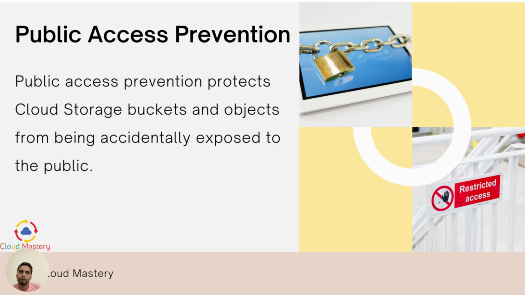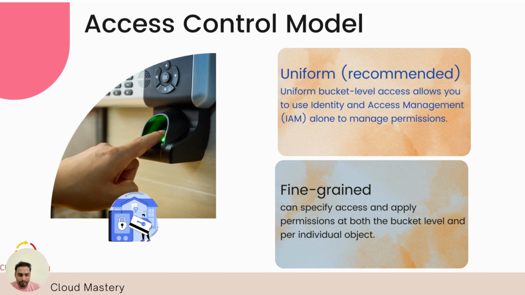Even if by mistake we give some ACLs or IAM policies to expose that bucket to the public internet, public access prevention will not let you expose this data. So that's how public access prevention works.